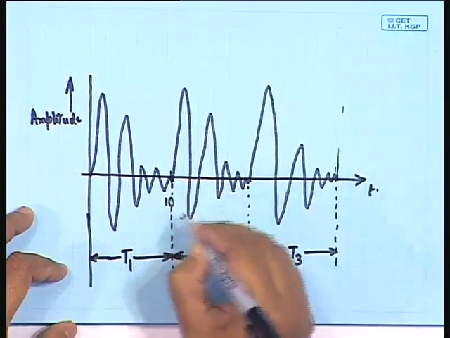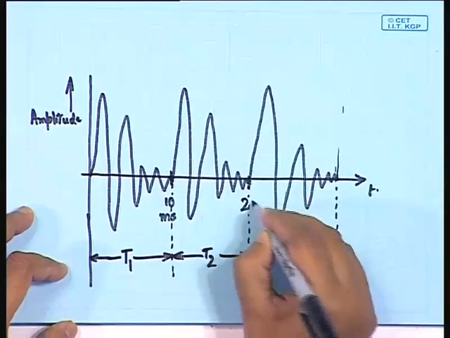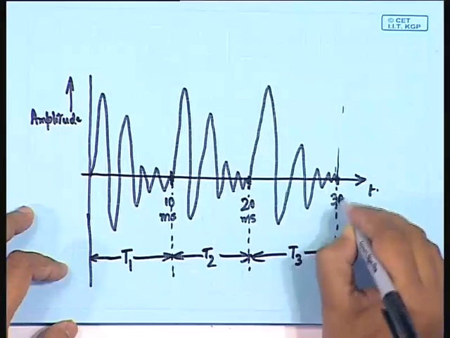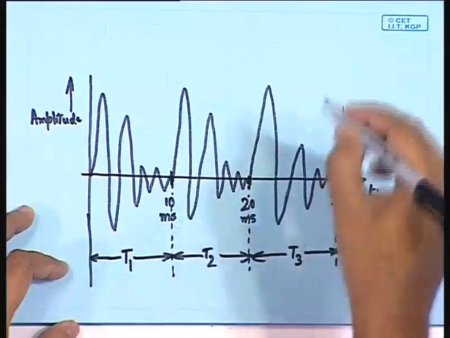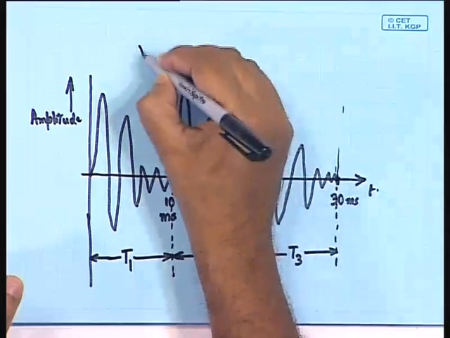Typical values could be like this: say in the time scale, this is the 10 millisecond point, this is approximately 20 milliseconds, and this is 30 milliseconds. So, effectively we have shown the speech signal variation, a voiced speech signal of course.